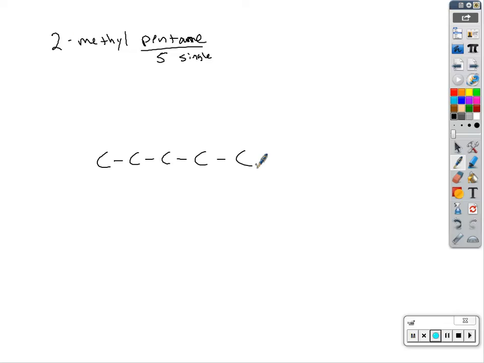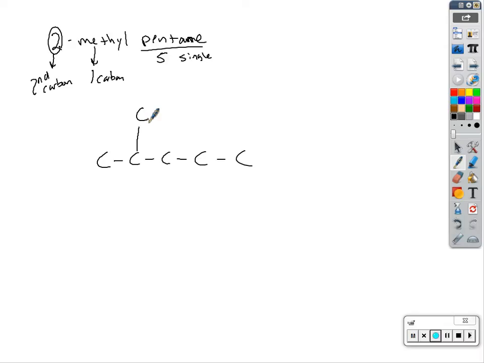This says on the 2nd carbon, draw a 1 carbon branch. So on the 2nd carbon, draw a 1 carbon branch.